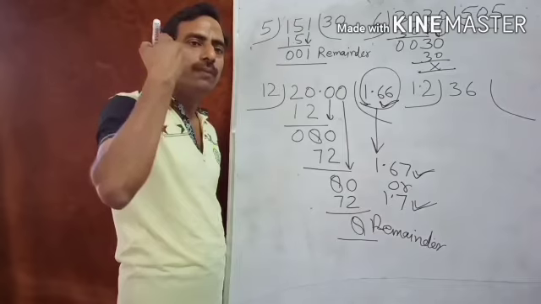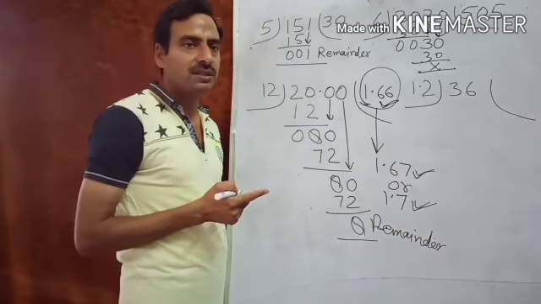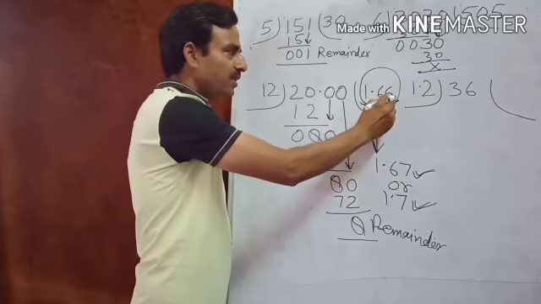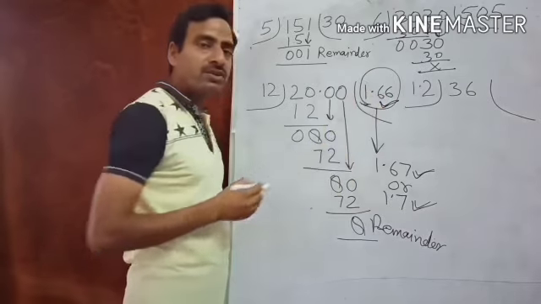You can remove that number without any change in the previous digit. Like if here instead of 6 there is 3 or 4, then the answer will always be 1.6.